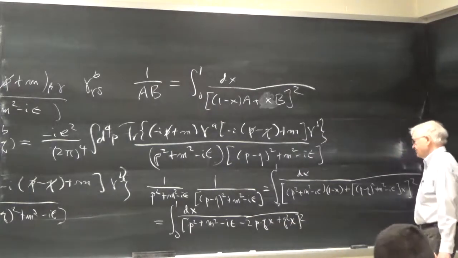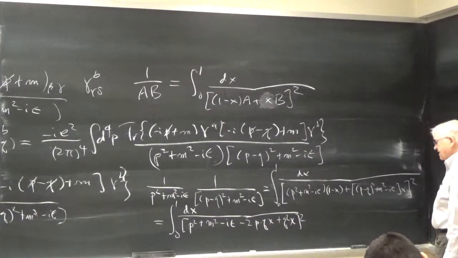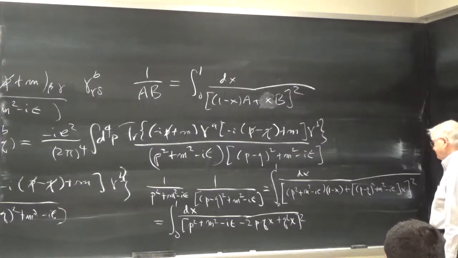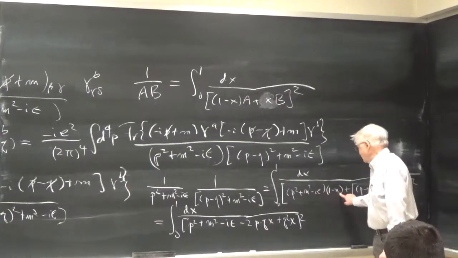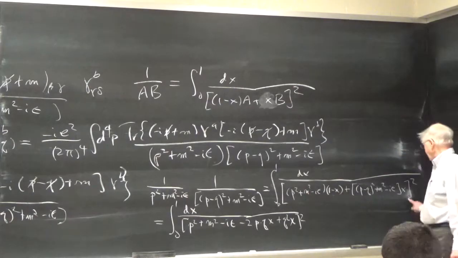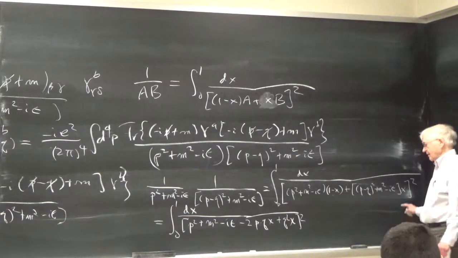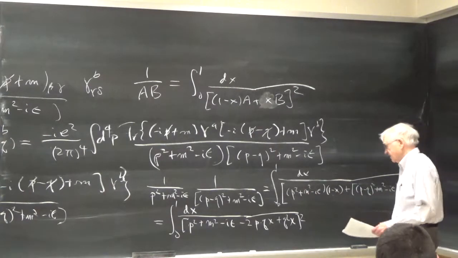So what's happening here is that the minus x times p squared cancels the x times p squared, and there are other cancellations.